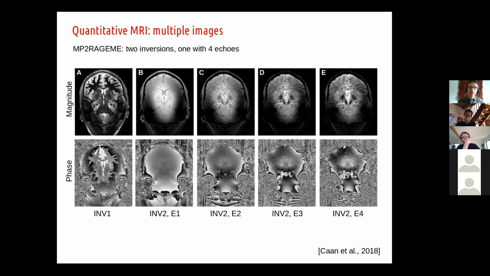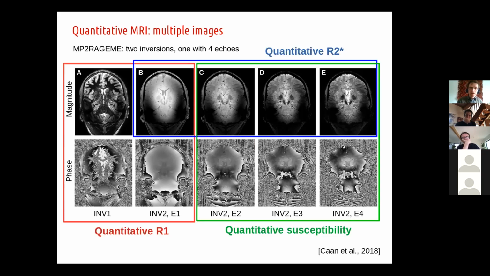So here is the example of a sequence called MP2RAGEME, which is fairly complicated, but it's using 5 different images, both magnitude and phase, to create a quantitative map of the first and second relaxation times and also susceptibility. So it's nice because it uses all of these images in different ways, and it's acquired in one go, so all the images are in the same space and you don't have movement in between.